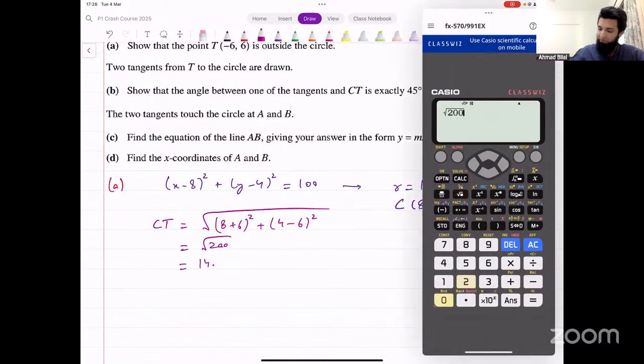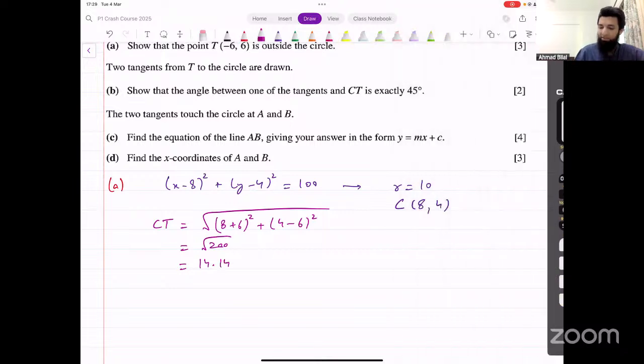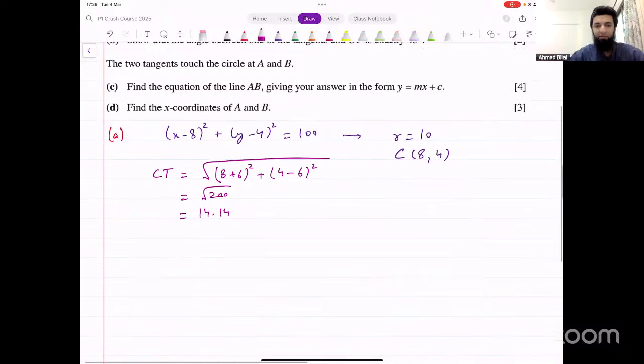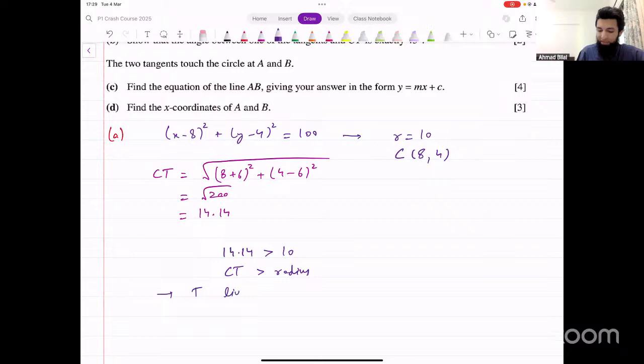Square root of 200, 14.14. The distance of the center from T is 14.14. That is greater than the radius. CT is greater than the radius. That means that T lies outside the circle.